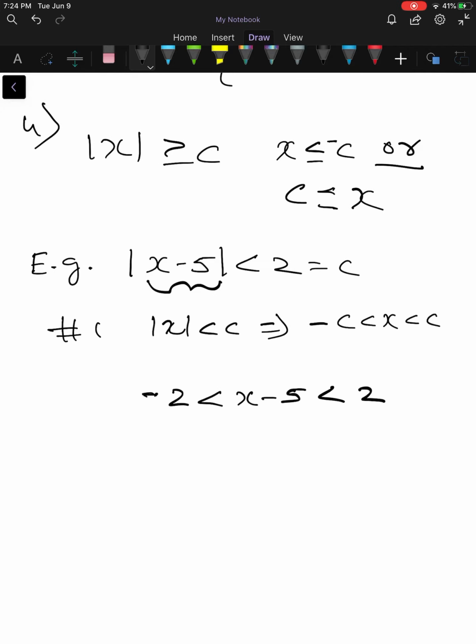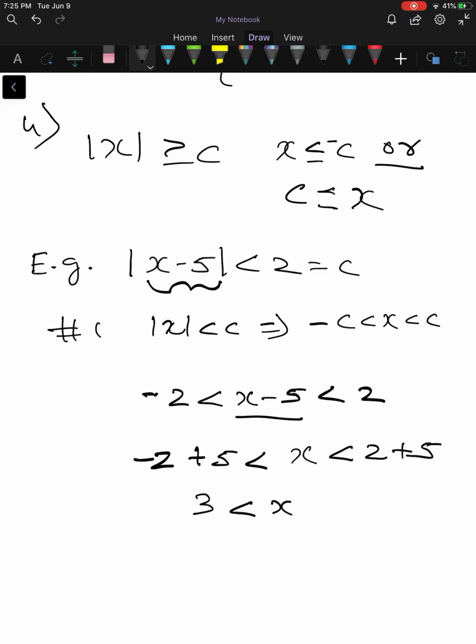You already know how to solve linear inequalities. So how do you solve this? These are pairwise linear inequalities. To get just x in the middle term of the inequality, you add 5 on all sides of the inequality. So minus 2 plus 5 less than x less than 2 plus 5.